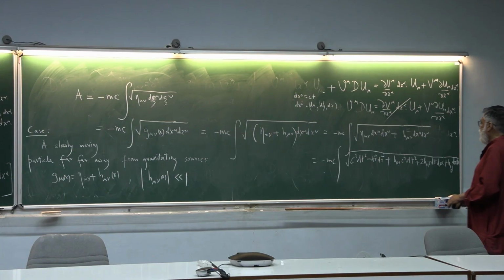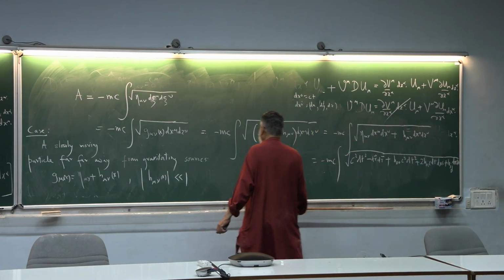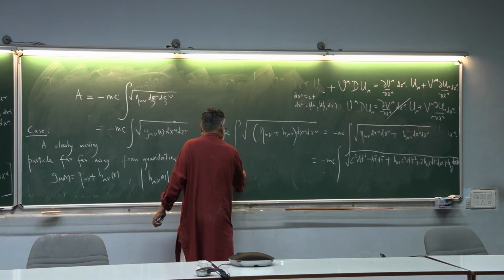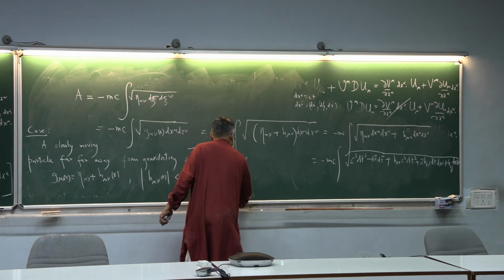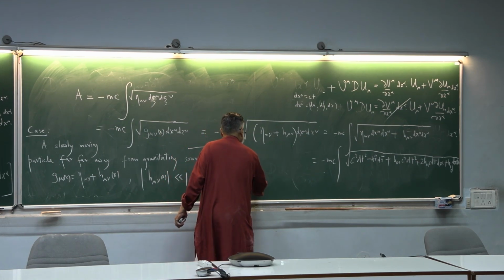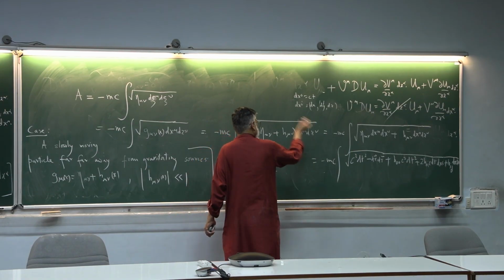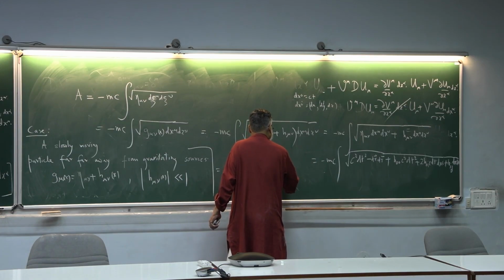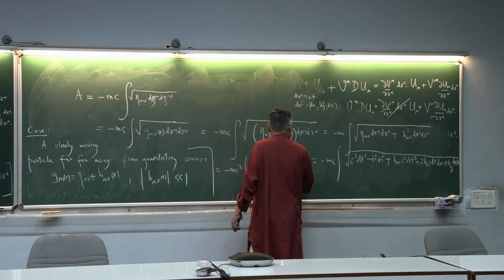Now, as usual, I'll take c square dt square outside the square root, so that I get minus mc, and because I am taking c square dt square out, it will be c dt, so there will be c square integral dt times the square root of 1 minus v square by c square, since dr by dt is velocity, and then plus h00.